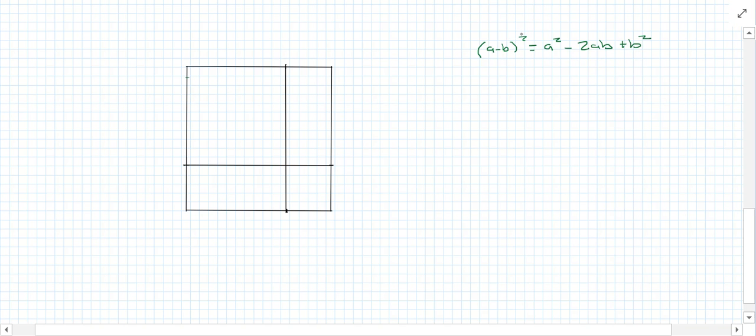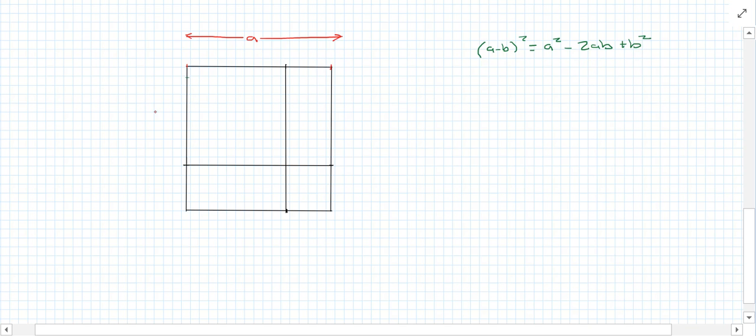So again, remember we're dealing with a square here. If we take this shape, it's similar to the last one, and we can start to look at what this is. In this shape, a is the length from one end right to the other. So imagine this is of length a, the whole thing from the end here to this end here.